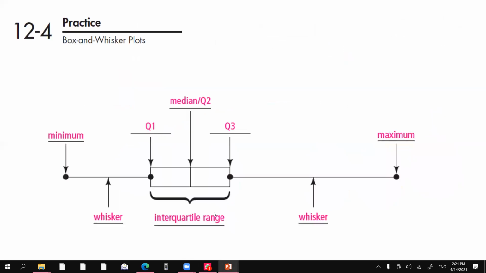Now, in lesson 4, we talk about the box and whisker plot. We say that this is the box and whisker. The number here, the last one, is the minimum. The farthest one is the maximum. And we name it box and 2 whiskers because this here is a box and these here are 2 whiskers.